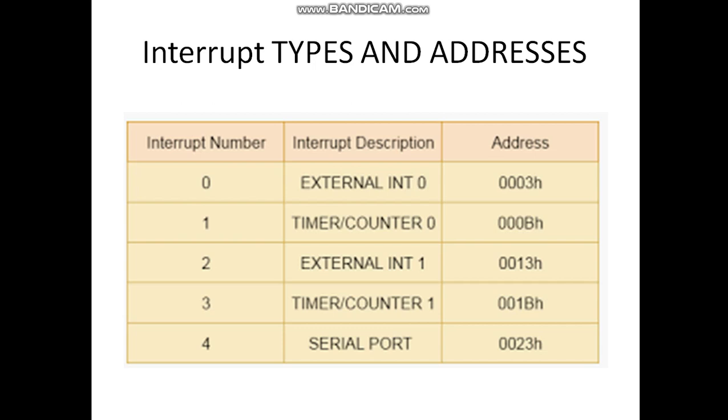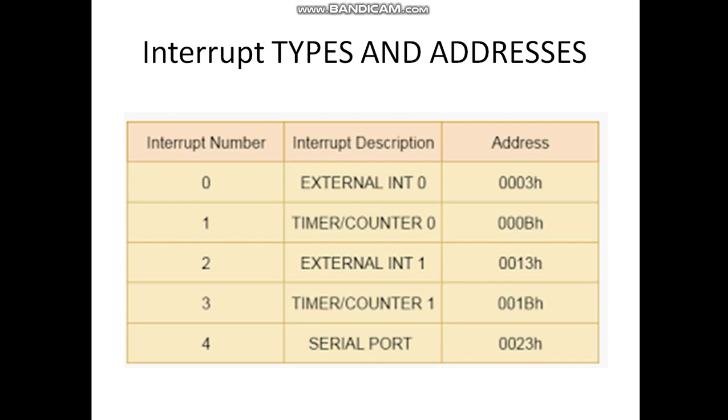Is it because the transmission is complete, or is it because the reception is complete? So this condition has to be tested in the interrupt subroutine, because you don't have separate addresses for receiving and transmitting. It is the same address, 0023H, the address of the interrupt subroutine.